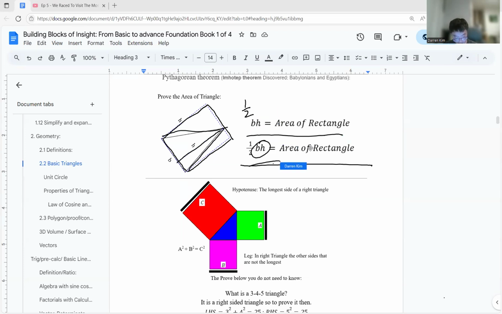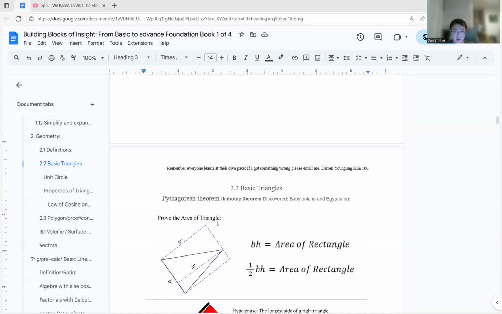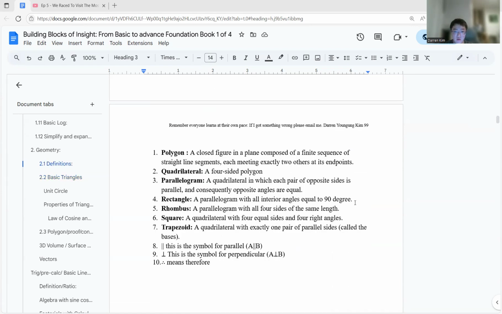Did I ever explain how to get that box? Yes, I think over here. Well, I should probably explain the area of a rectangle is height multiplied by width.